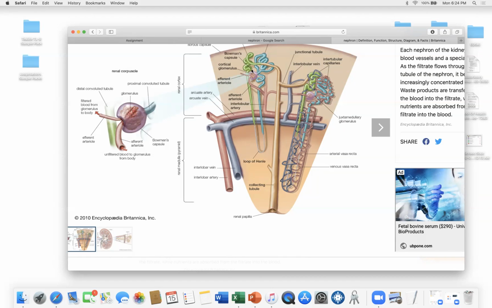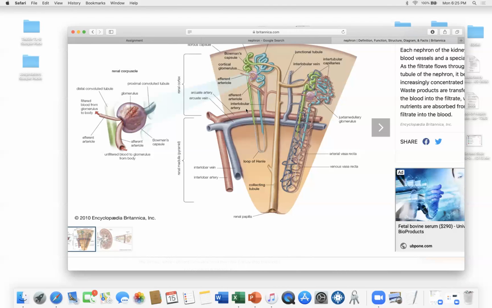And that all happens in these extra tubes here. After your tuft of capillaries, you have a proximal convoluted tubule, and this green thing here, a distal convoluted tubule, and in between, you have your loop of Henle. Just know for right now, the loop of Henle is where the salt and water get reabsorbed and or secreted.